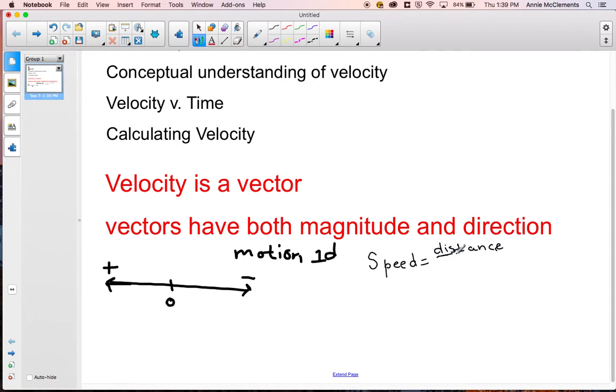The distance traveled divided by the time that it took to travel that distance. As you're thinking about this concept of speed, one question that comes up is, can you have a negative speed, right? Can speed be negative?